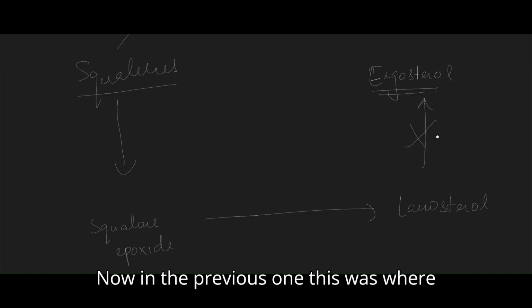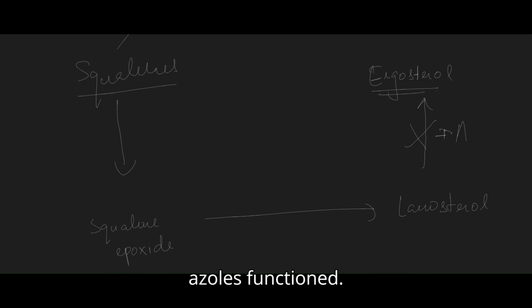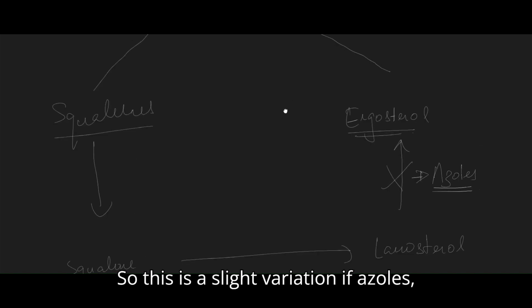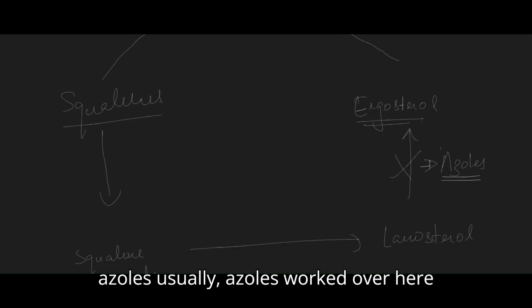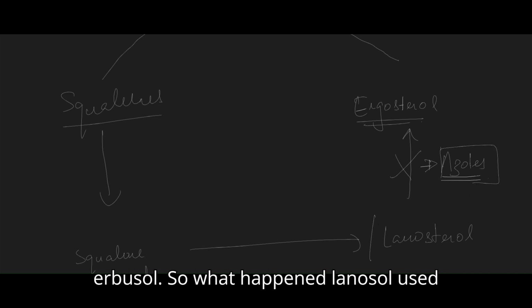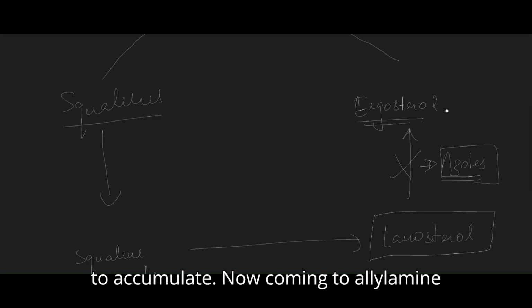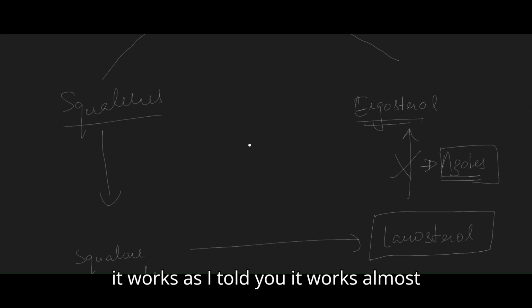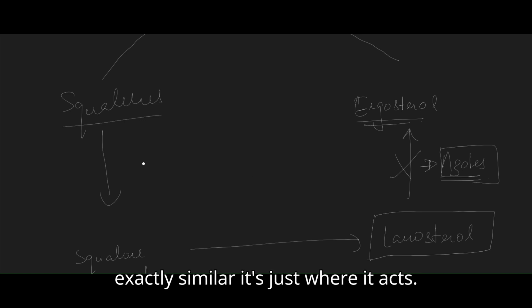Now in the previous one, this was where azoles functioned. So there's a slight variation. If azoles worked over here, where they inhibited the formation of ergosterol, what happened? Lanosterol used to accumulate. Now coming to allylamine, it works almost exactly similar. It's just where it acts.